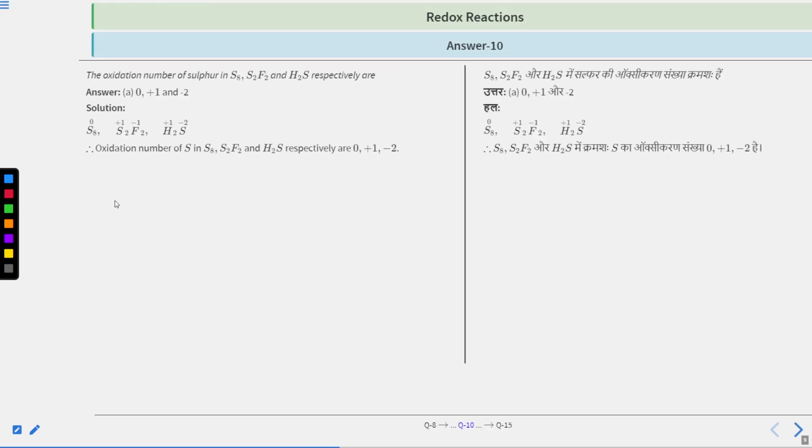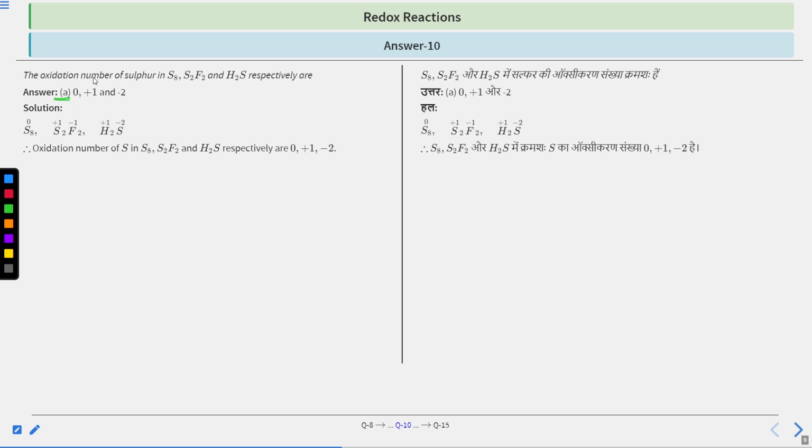So let's see, the correct answer is option A, that is 0, +1 and -2. In S8, sulfur is in an elementary state, right? No other type of atom is attached to the sulfur in this molecule, so the oxidation state will be 0. In S2F2, fluorine is -1 as always, so the sulfur oxidation state comes out as +1.